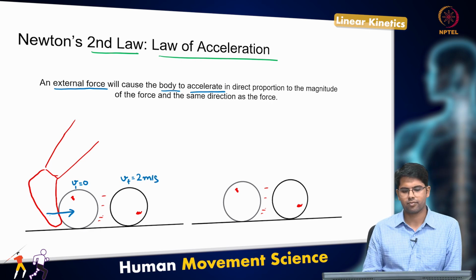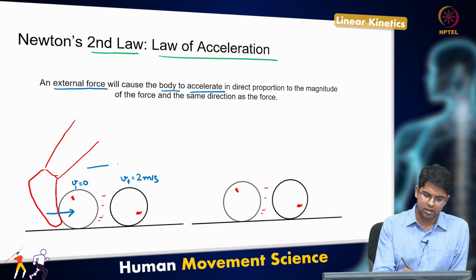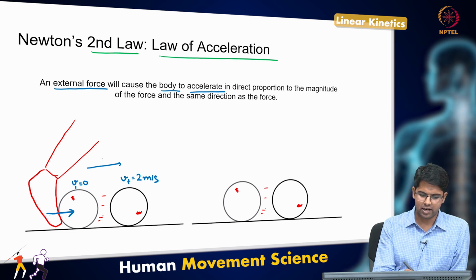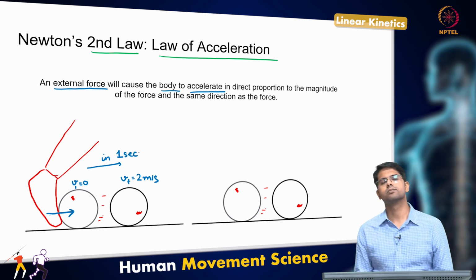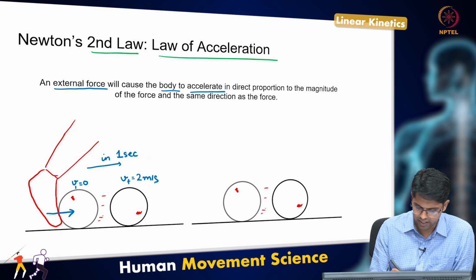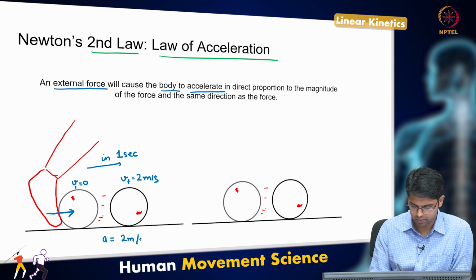Now this ball accelerated to 2 meters per second in a period of 1 second. So this means the acceleration of the ball is 2 meters per second square.